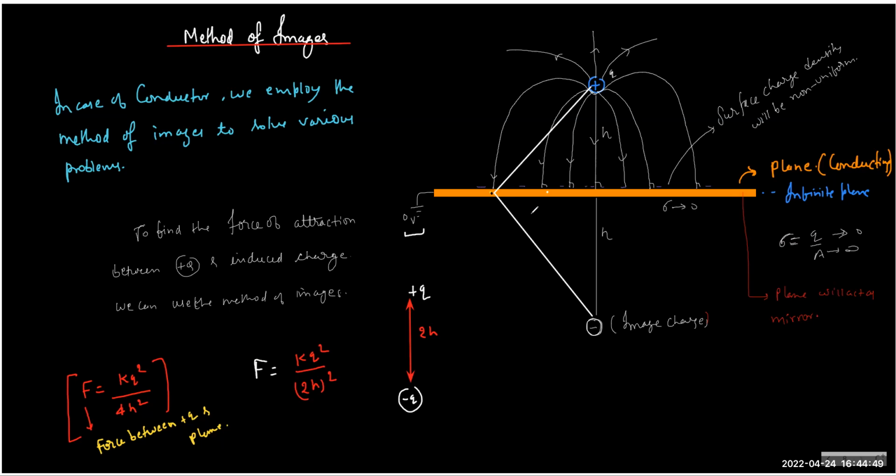So this arrangement can be redesigned using the method of images. Imagine if I give you a question. Now we have two perpendicular conducting planes, and these are semi-infinite.